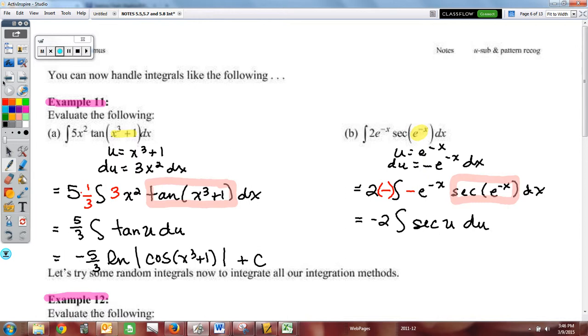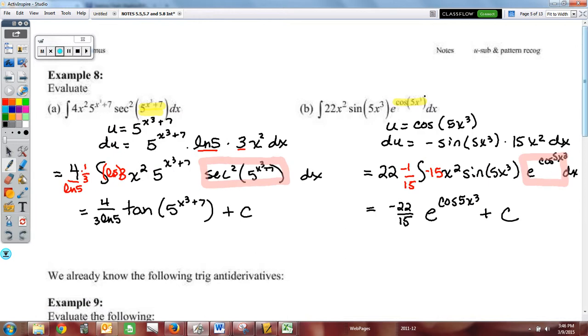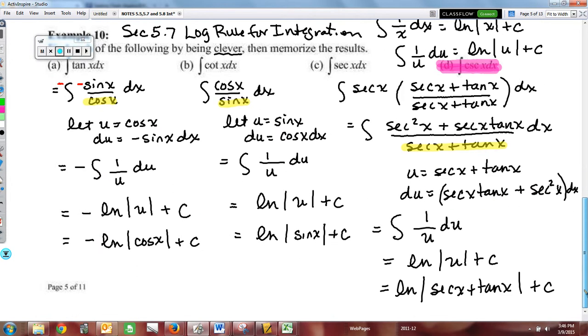And if we again look back on the previous page from where we did this the last time, we don't want to recreate this process every time, so that's why when we are doing the antiderivative of a secant, we just remember that the antiderivative of secant is going to be natural log absolute value of secant of x plus tangent of x plus c.